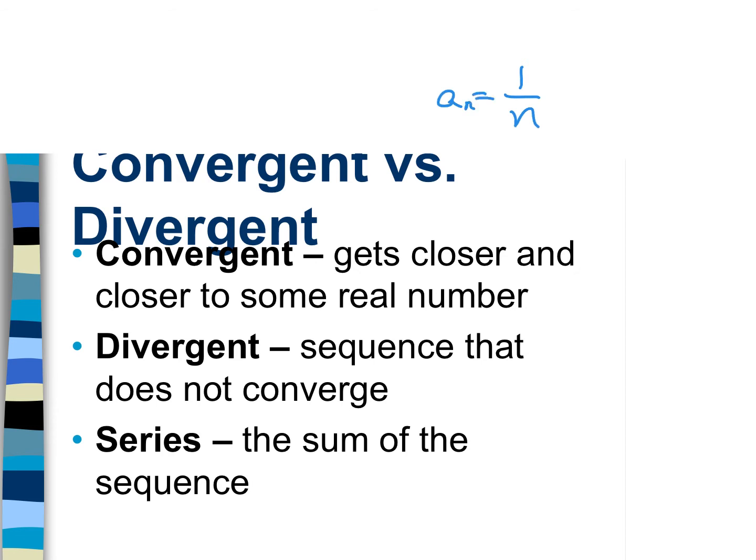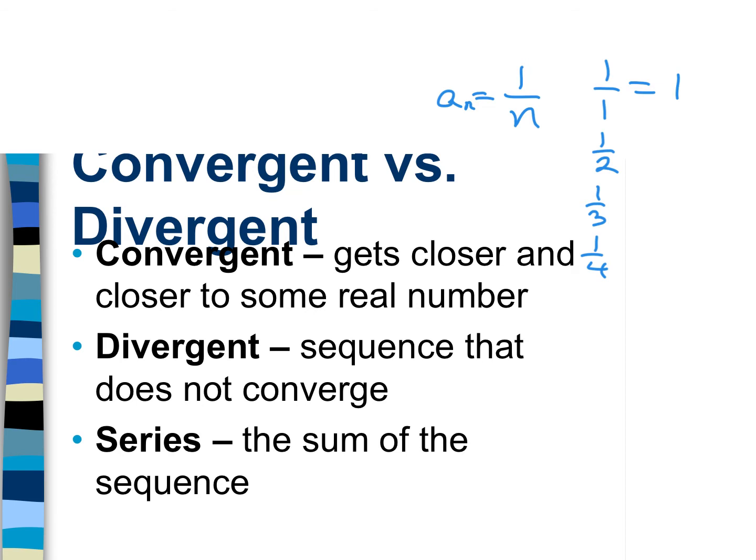And if I say find the first 4 terms, it would be 1 over 1, 1 over 2, 1 over 3, and 1 over 4. Notice how my numbers are getting smaller and smaller. So this would be a convergent sequence where my numbers are getting closer and closer. In this case, it looks like they're getting closer and closer to 0.